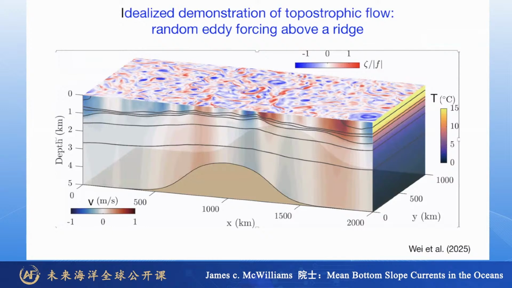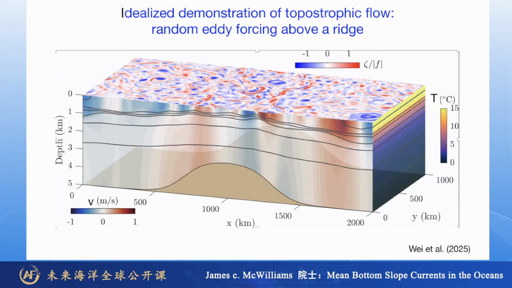On the right face, you see a snapshot of the temperature, so approximately subtropical stratification with a shallow pycnocline. And what you see instantaneously in temperature is certainly dominated by the average stratification. So these are strong eddies over strong topographic variations. The eddy kinetic energy is surface intensified, but does extend down to the bottom.